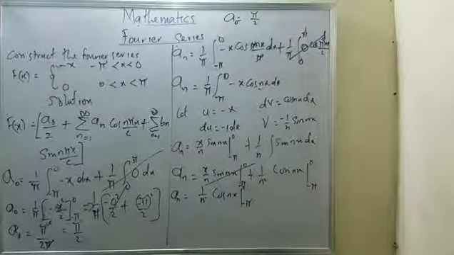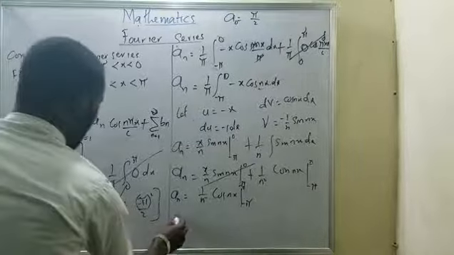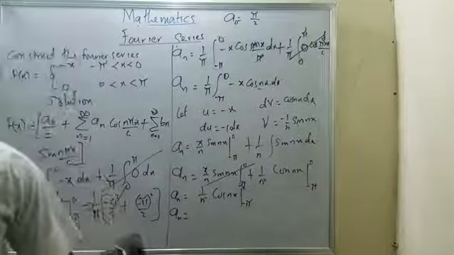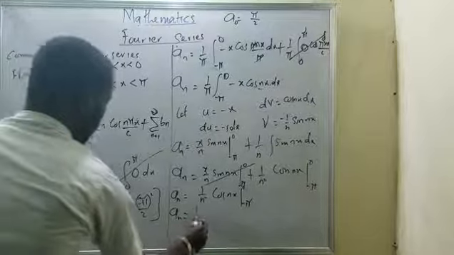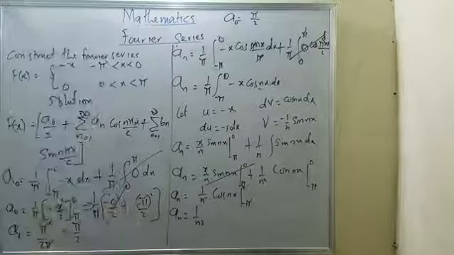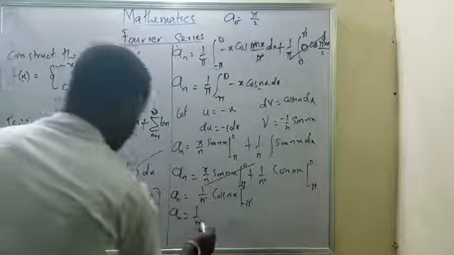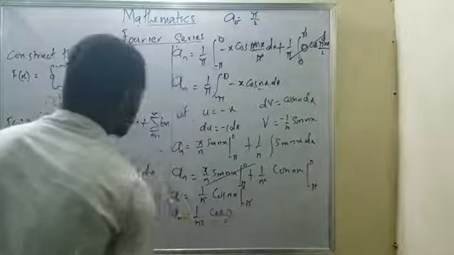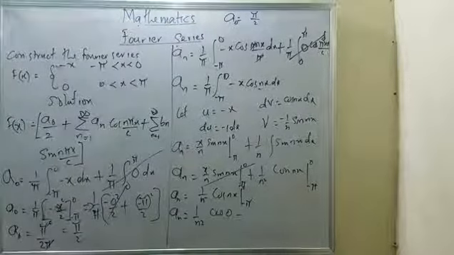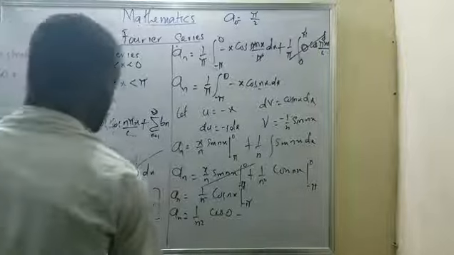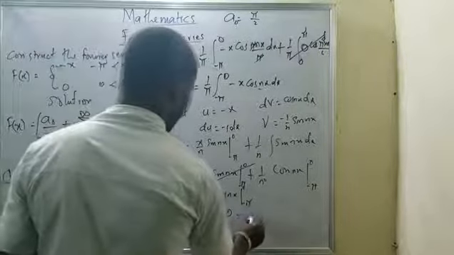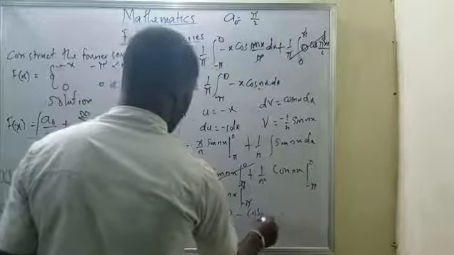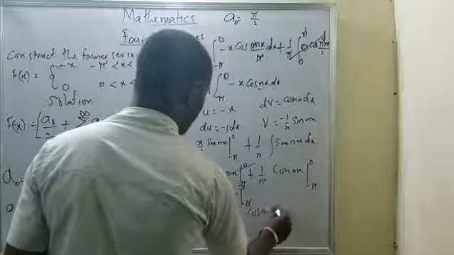Now with this, I can move on by having a of n equals to 1 over n squared, upper limit and lower limit. It will be cos 0 minus cos n minus pi.